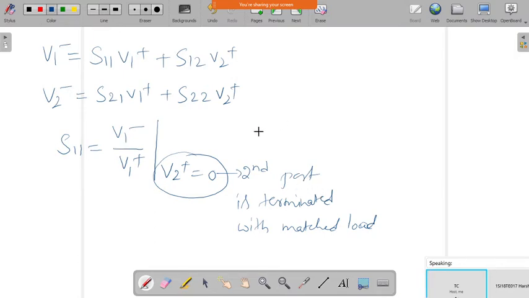Now we can also call this the input reflection coefficient, that is gamma in.